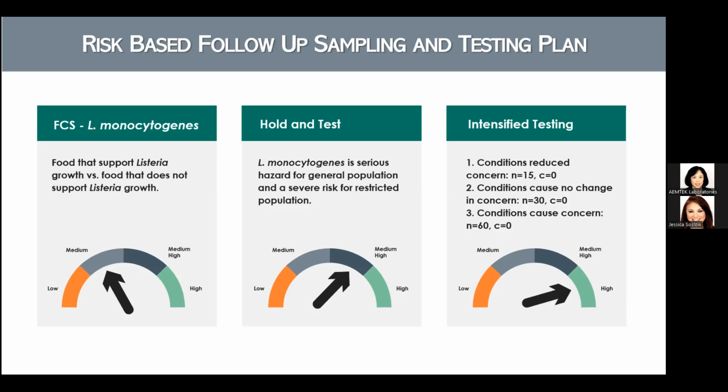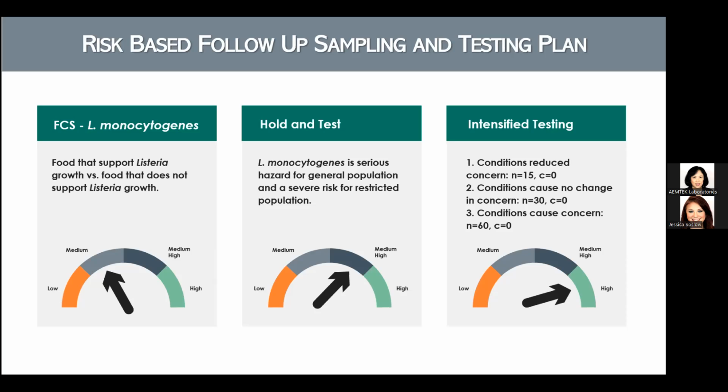That depends on the condition of the food prior to consumption by humans. If there is a decrease in the number of pathogens, for example, the product will be heated prior to consumption, thereby killing the pathogens, then you can use an n equals 15 sampling plan. If the conditions prior to consumption are not likely to change the number of Listeria monocytogenes or other pathogens, for example, the organism will not die off, but will also not multiply, then you may consider using the n equals 30 sampling plan.